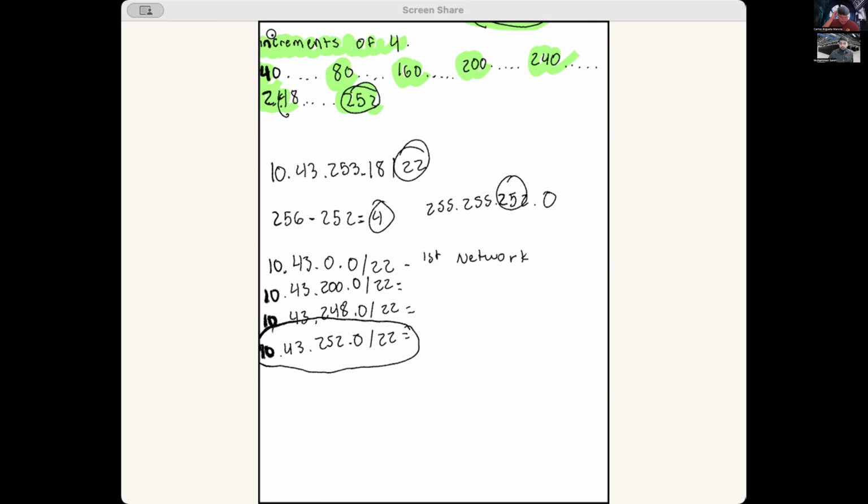Agreed. So we ended up with the concept of this IP address falling within this network. So now it's much easier to do.